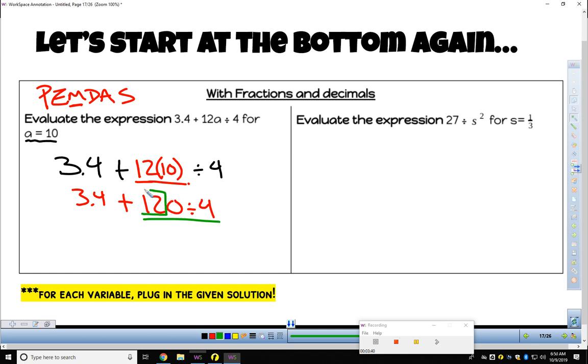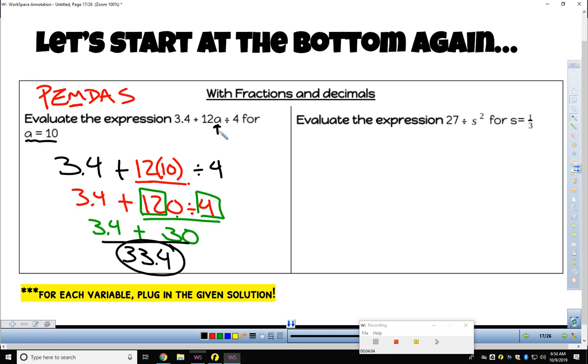And if you'll recall, you can always do the numbers that don't end in 0 first. 12 divided by 4 is 3. And then plug your 0 back on. And then finally, that is my answer. So again, all you're doing is taking the variable out and plugging in the value that they give you, and then making sure to solve all the operations.